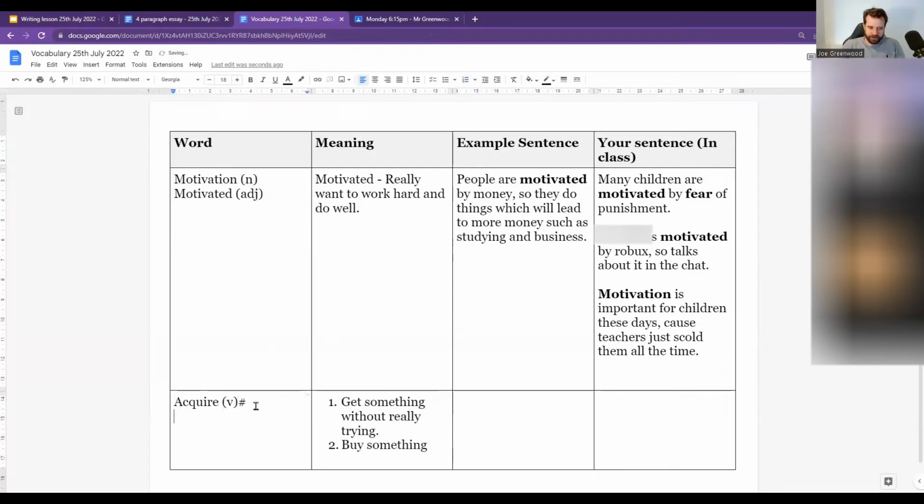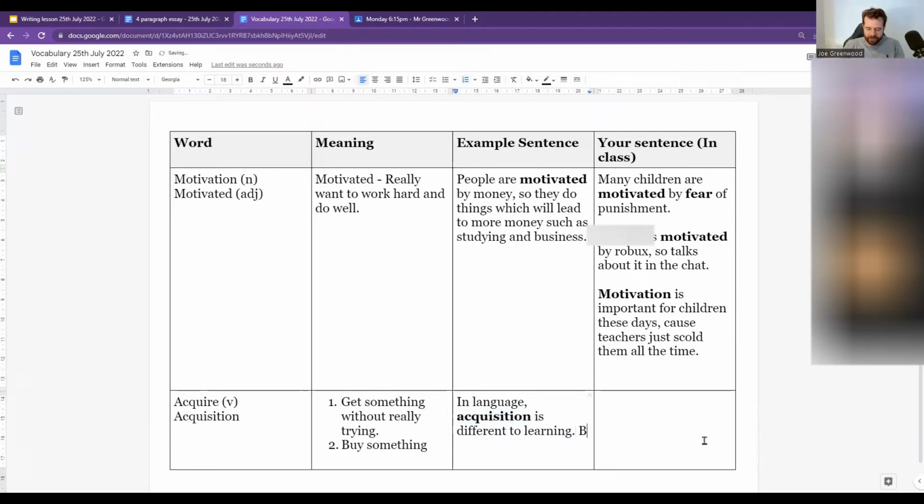And by the way, the noun is acquisition. When I was at university, I studied language acquisition, which is how you acquire a language. But in language, acquisition is different to learning. Can you see why from the definition? Okay, language acquisition. You try, but acquisition you don't.